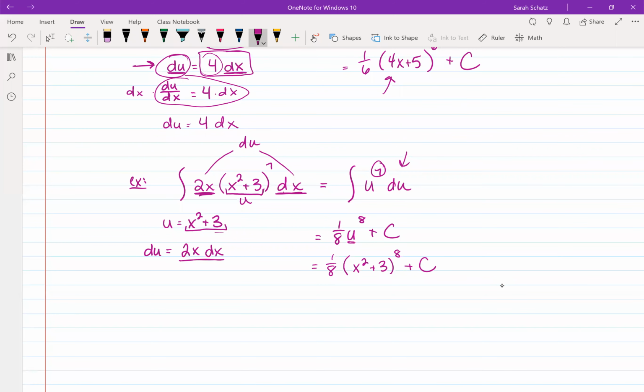Now, you don't have to check your work on these each time, but if you want to, they're pretty easy to check. Remember, anytime you take an antiderivative, if you want to check to see if you got it right, just go backwards and see if you get to where we started. So what if I had started with the 1 over 8 x squared plus 3 to the 8th, and I want to take the derivative?